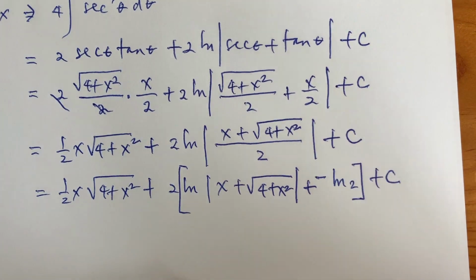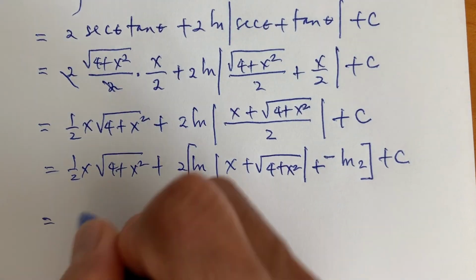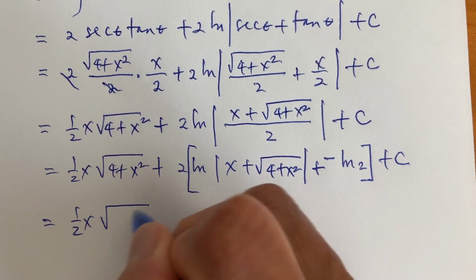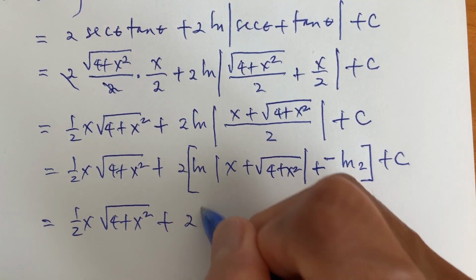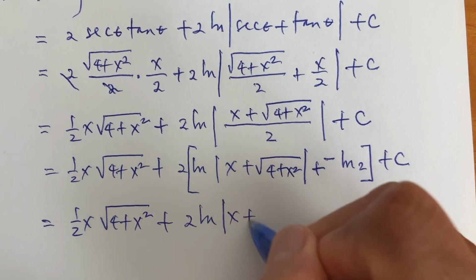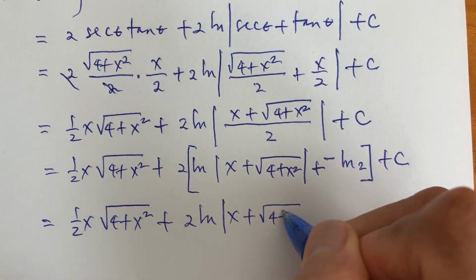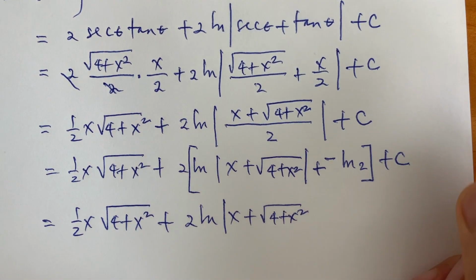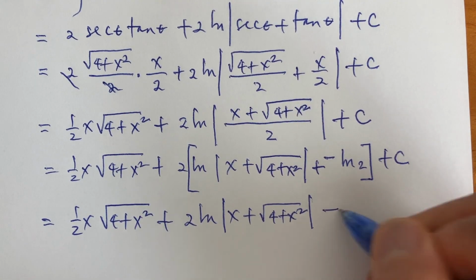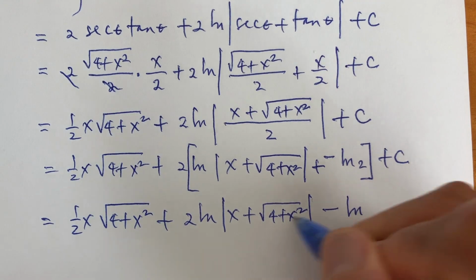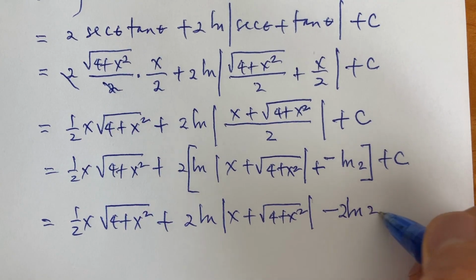plus c, which can be written finally as 1/2 x times the square root of 4 plus x squared plus 2 times ln of the absolute value of x plus the square root of 4 plus x squared. And so we end up here with c minus ln of 2 plus c.